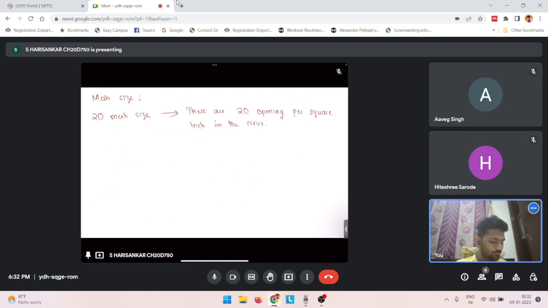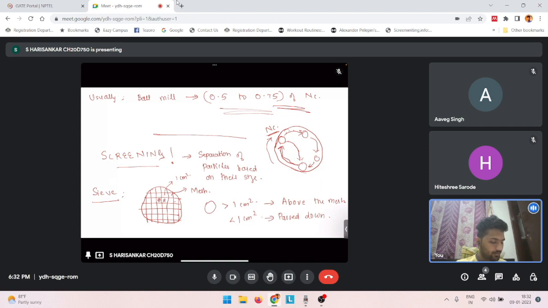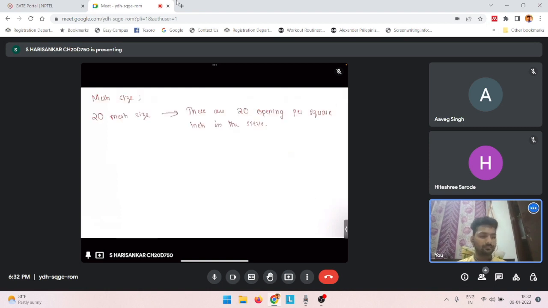Each opening is like this, and there are 20 such openings in 1 square inch area. That is called 20 mesh. So if it is 200 mesh size, this will have 200 openings per square inch of the sieve. That is what is called a mesh size.